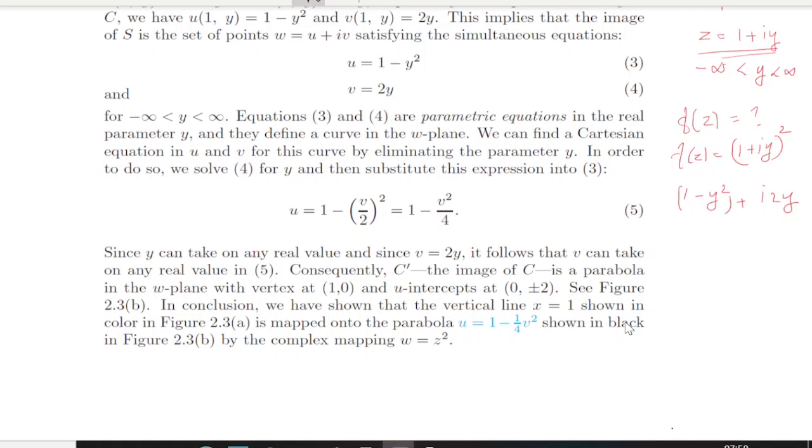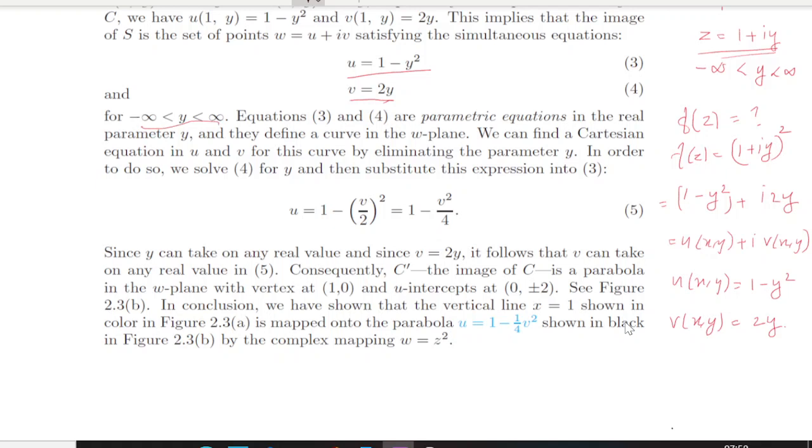Now representing this as u and v, you can have this equal to u of x,y plus i into v of x,y, with the condition that u equals 1 minus y square and v equals 2y, where y ranges over minus infinity to infinity.